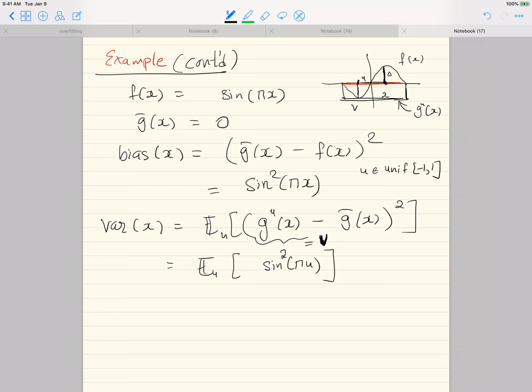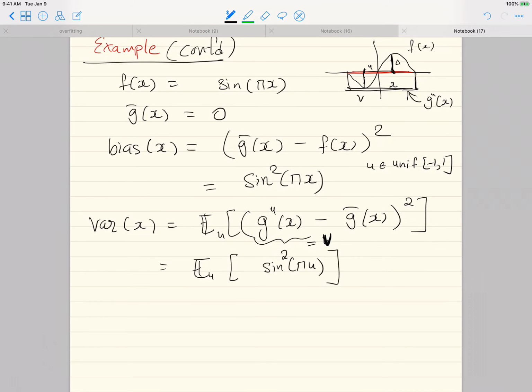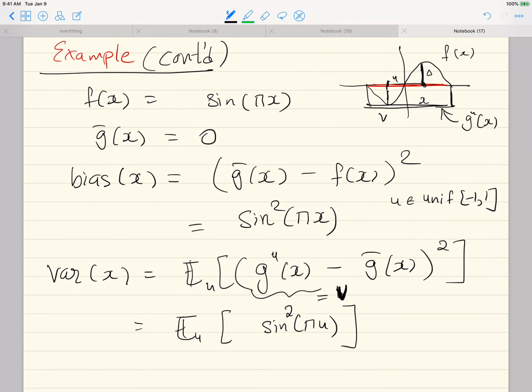That's why g_u of x is v and v is sine of pi u. So this is independent of x. It's a constant function. g_u of x is always equal to v. Depending on what u is, it's going to be a different straight line.